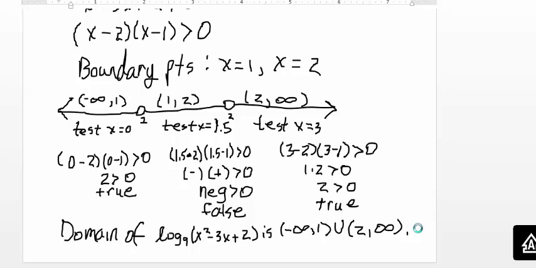So that's the domain of that function. All right, so these are some of the first ideas that we look at when we look at logarithmic functions in section 4.2.